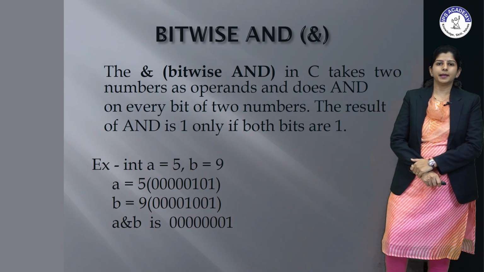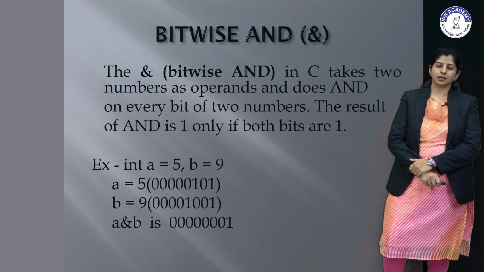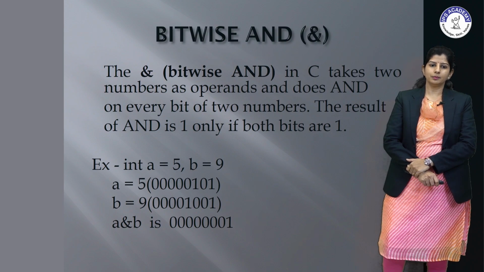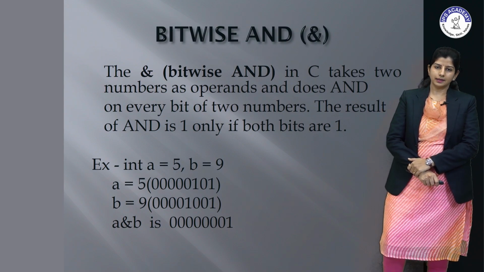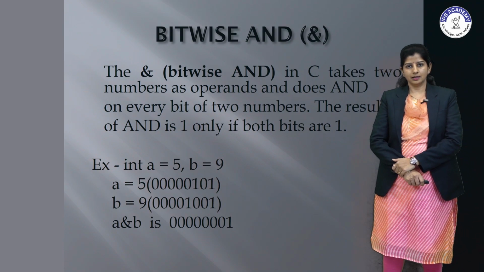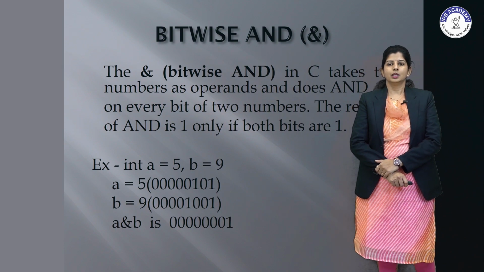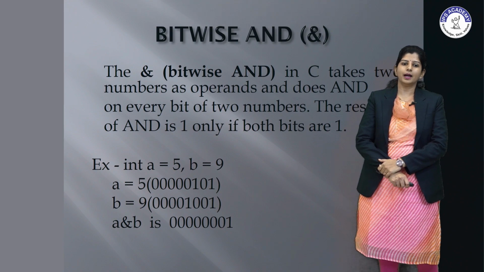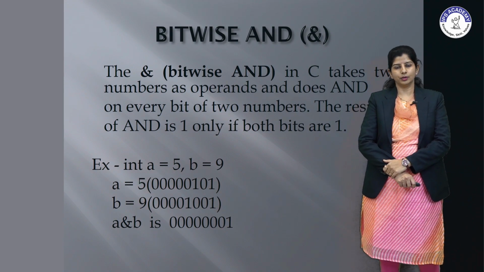And how can we apply the AND operation on it? The bitwise AND helps me get the result when I perform the AND operation on A and B. B is my 9, 9 is my decimal value, and the binary form of 9 is 00001001. That is the binary form.